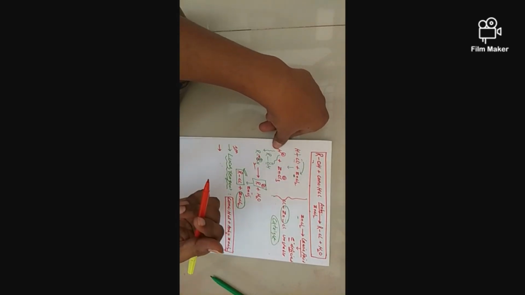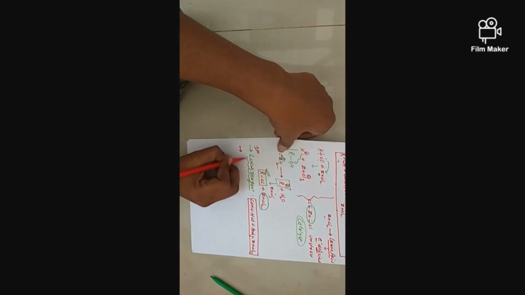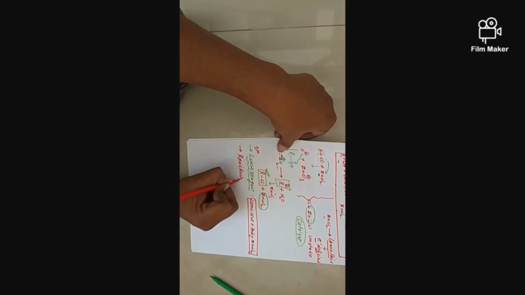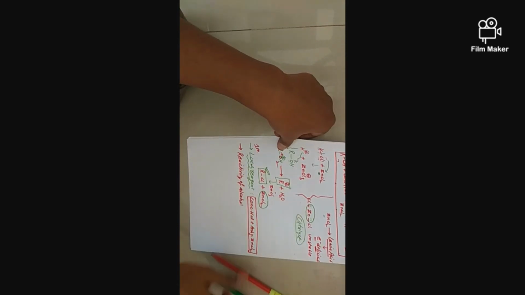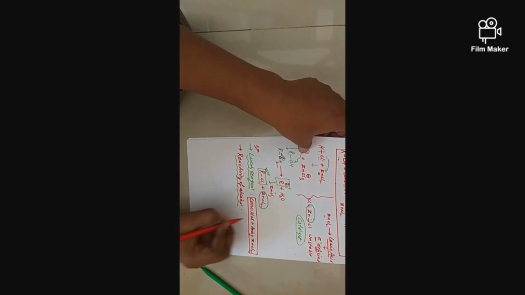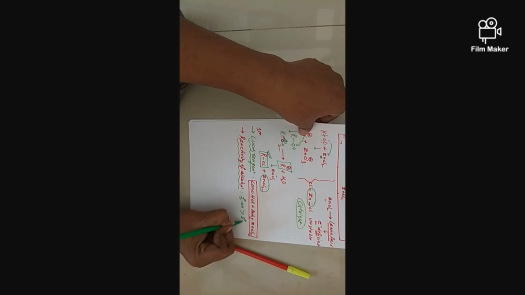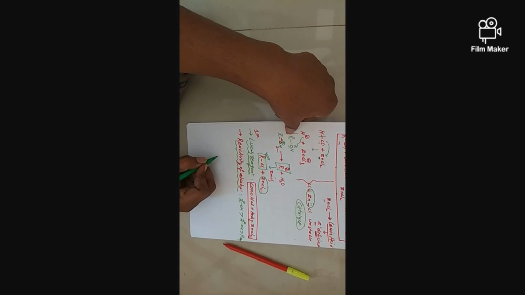Alcohols are generally of three types: primary, secondary and tertiary. In terms of reactivity, tertiary alcohol is most reactive, next secondary alcohol, next primary alcohol.